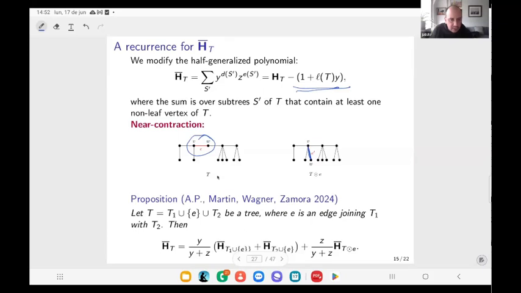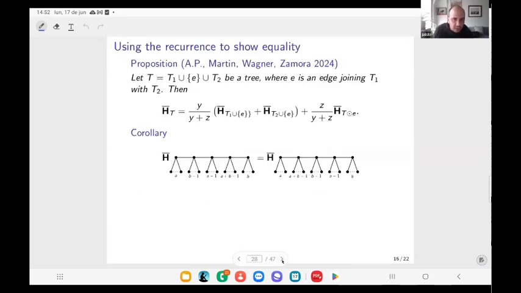What we showed in our paper is that if I have a tree, so I have a tree T1, then I have an edge here, and then T2, then I can split this computation in terms of 3 different graphs.